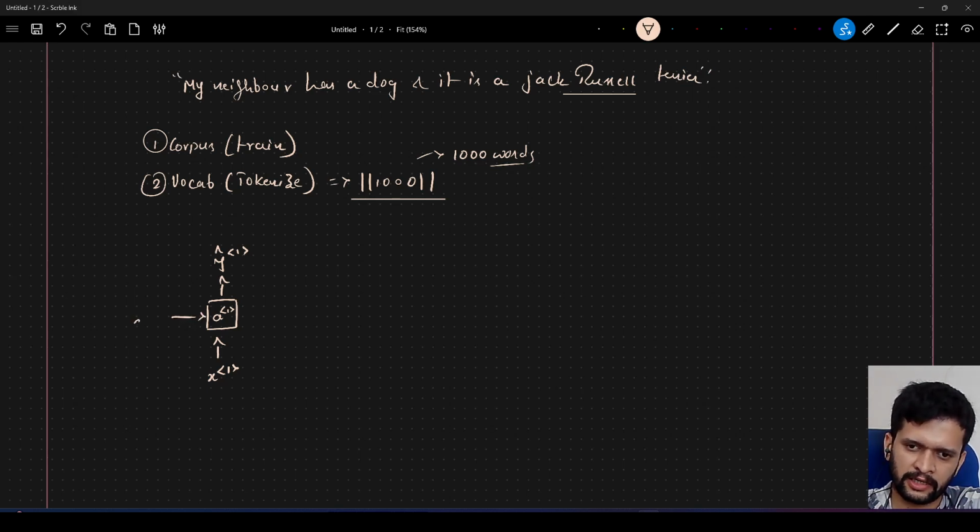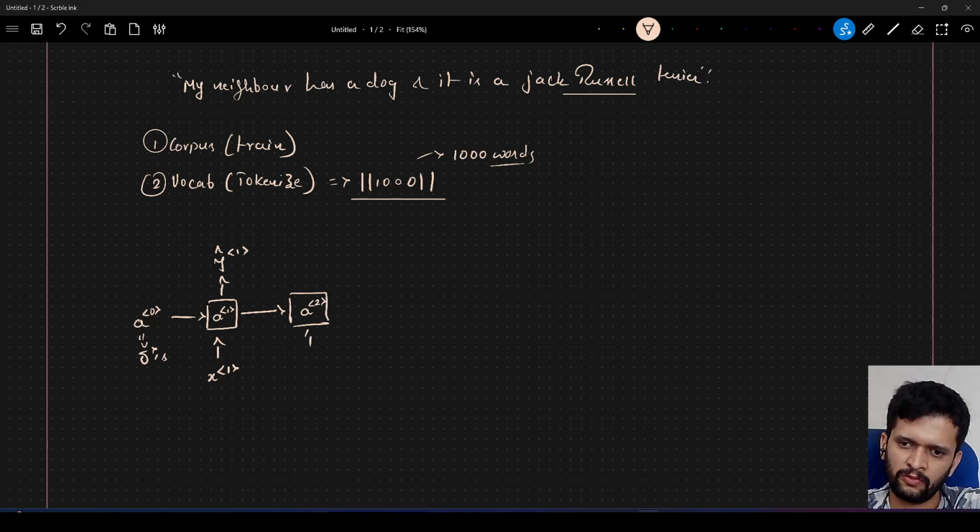Starting at time step 0, the activation a0 will be a vector of all zeros. So this is my first block of RNN at time step t. Now I'll have multiple time steps, so I'll repeat the same block multiple times.